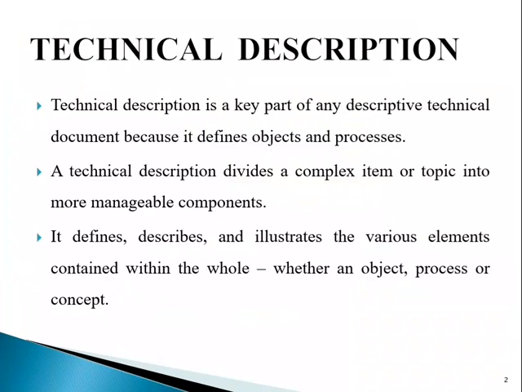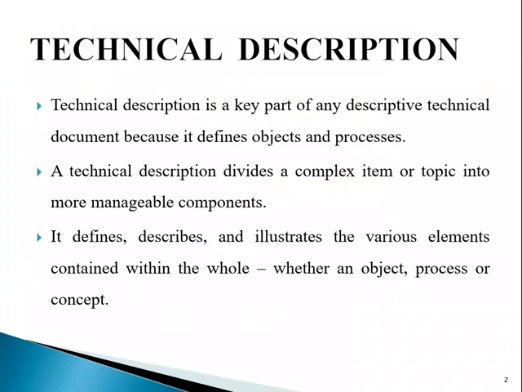Technical description generally breaks down the large mass of data into parts or defined categories presented in a logical way. For example, to describe the object called mobile phone, we need to categorize various internal and external parts that constitute the system and then explain their functions step by step.